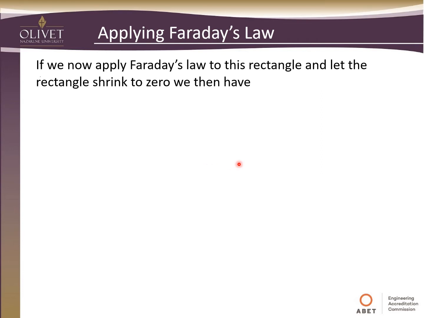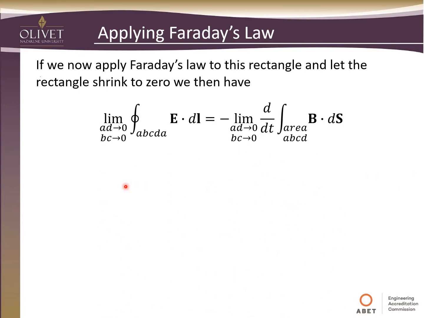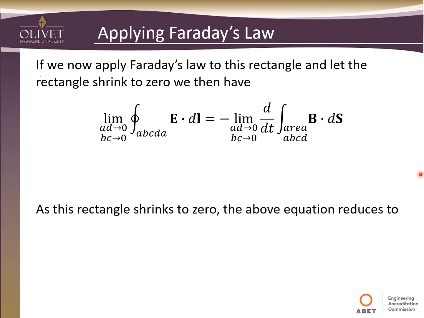So if we now apply Faraday's law to this rectangle and let the rectangle shrink to 0 by taking that limit, what we'll have is the limit, as this whole thing goes to 0, of the sum of the electric field around that rectangle along AB, BC, and DA, which should equal the limit of the time derivative of the flux density penetrating it.